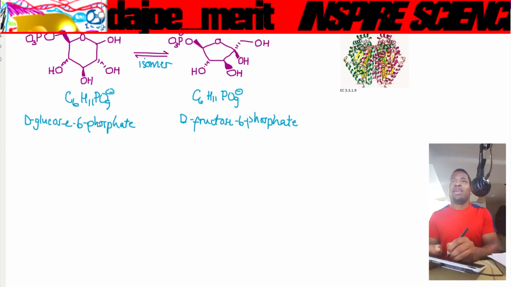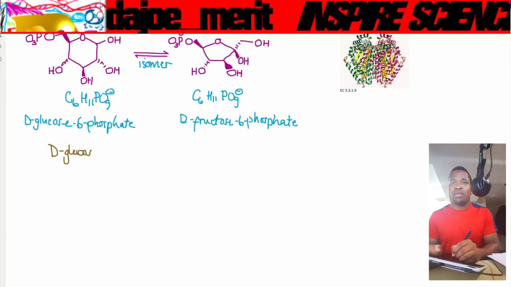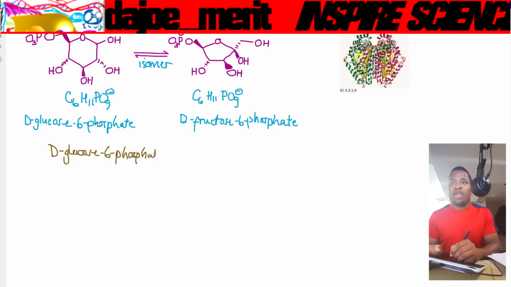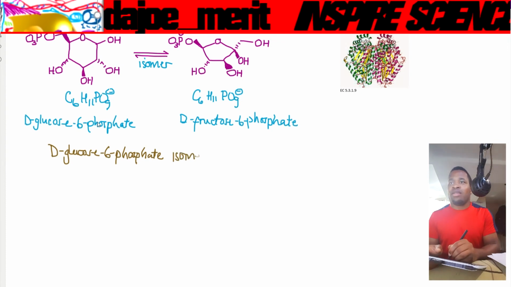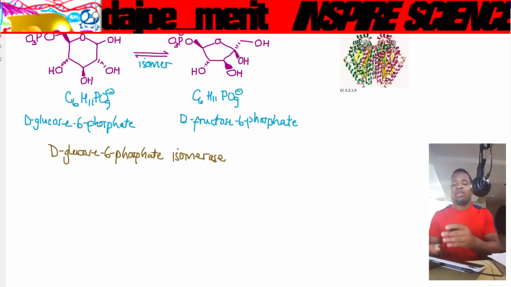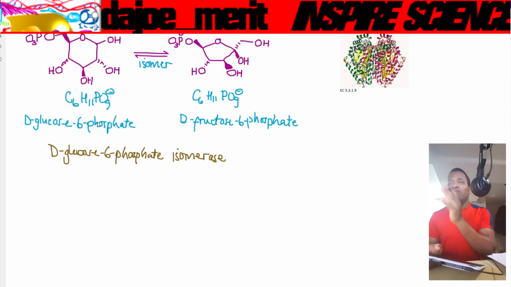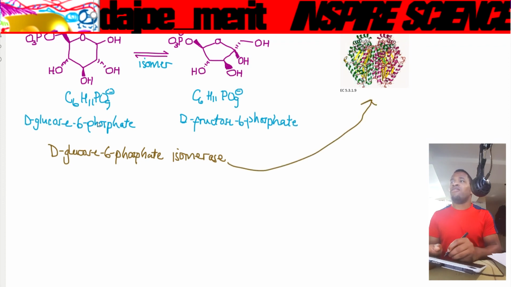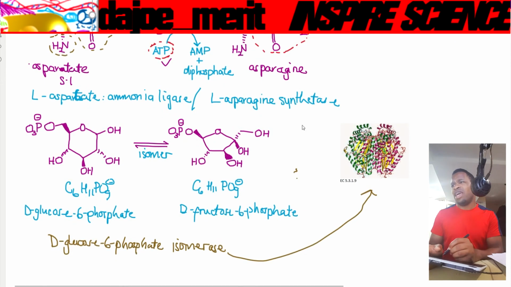So in this case the name will be glucose 6-phosphate, and then since it's an isomer, the isomerase is the enzyme that is involved in the transformation from the glucose form to the fructose form, and this is the specific structure of this particular enzyme right there, with I think a lot of alpha helices.